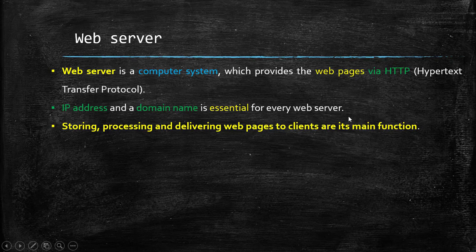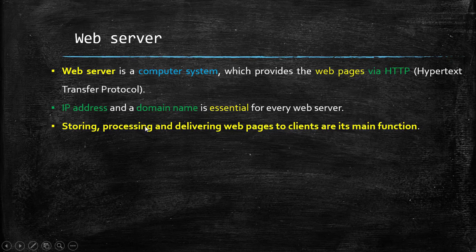There are three main functions that a web server does. The first function is storing, the second is processing and the third is delivering. The web server will store all the contents. Whenever we want to access any resource, we send the request with the help of a web browser to the web server.